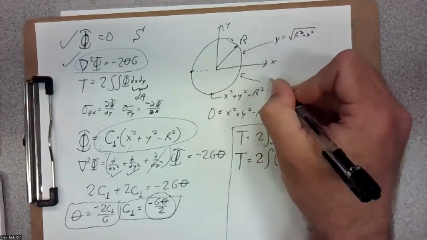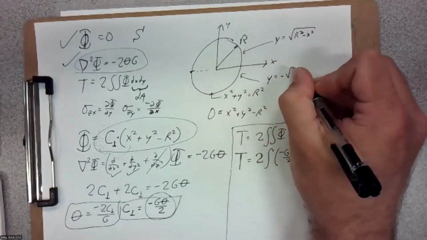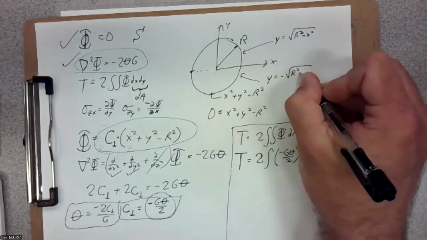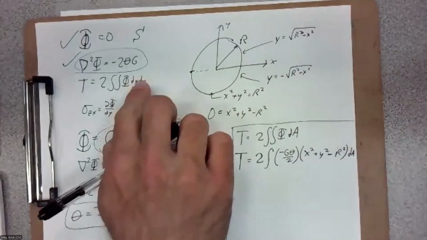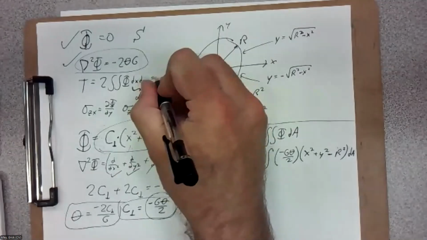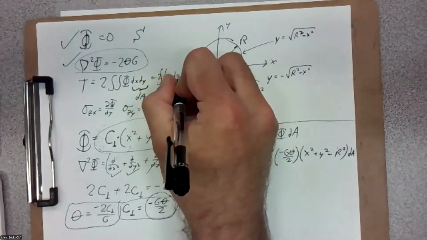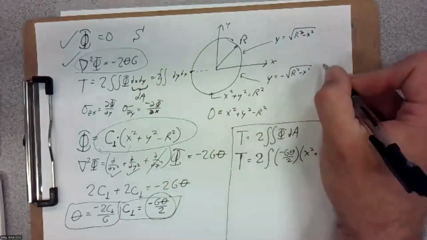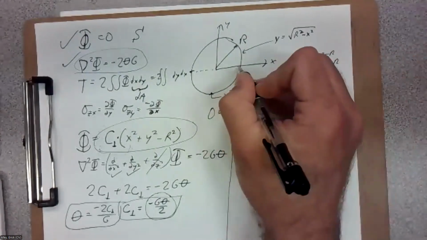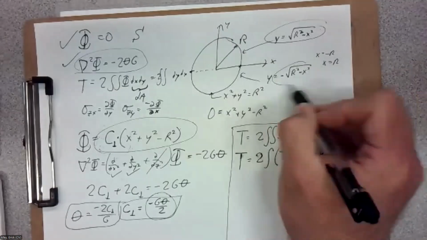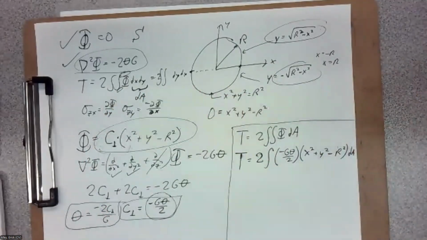And then on the bottom half, y is minus the square root of r squared minus x squared. And then I've got to integrate that with dy on the inside. So it would have to be a dy dx. And then I'd have to integrate x from negative r to positive r. This is a horrible thing to have to put up in this definite integral here. We probably definitely agree that we don't want to do that, right?